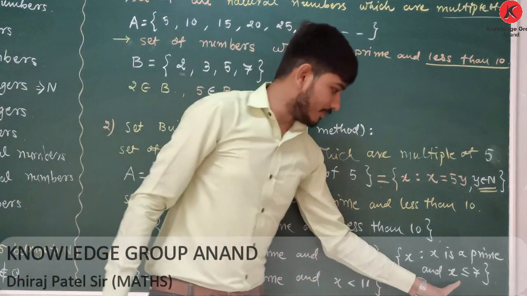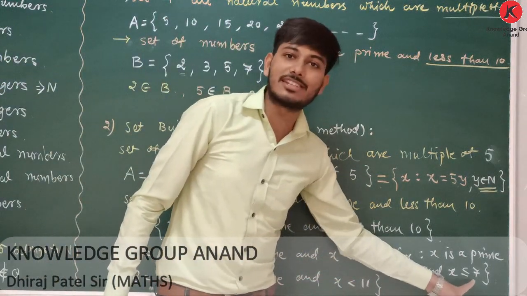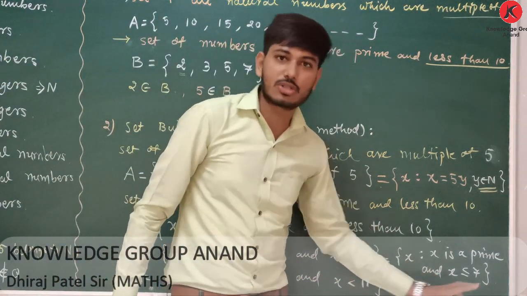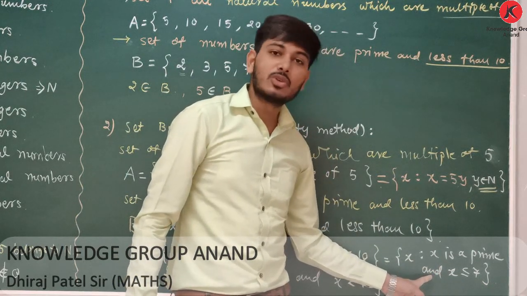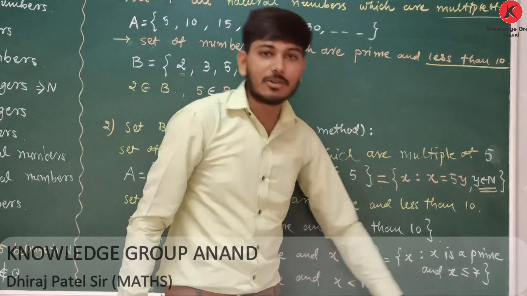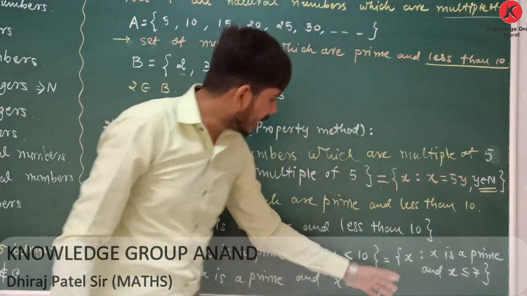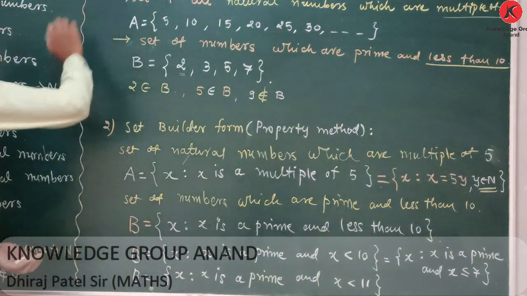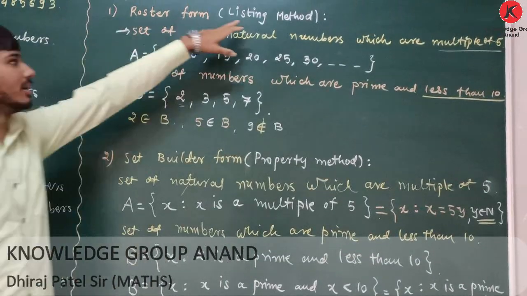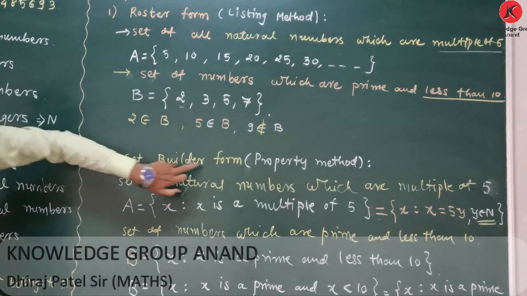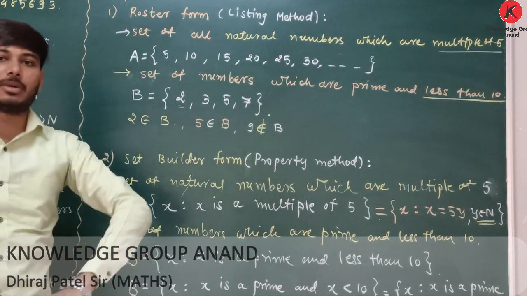You have to take the 7 here, therefore the equal to sign is there, you have to take 7 also. Therefore the listing method of this property method is 2, 3, 5 and 7. There are 4 elements. Clear? There are two methods of representation of sets. First one is roster form or listing method. Second one is set builder form or property method.